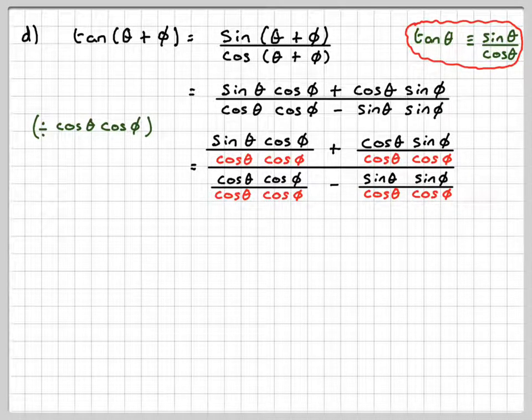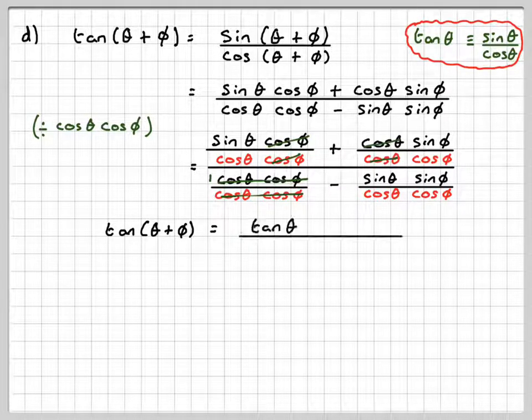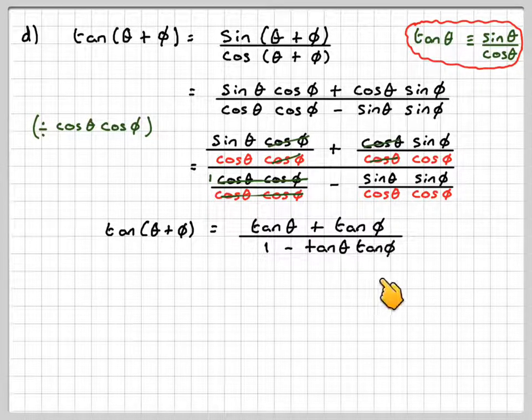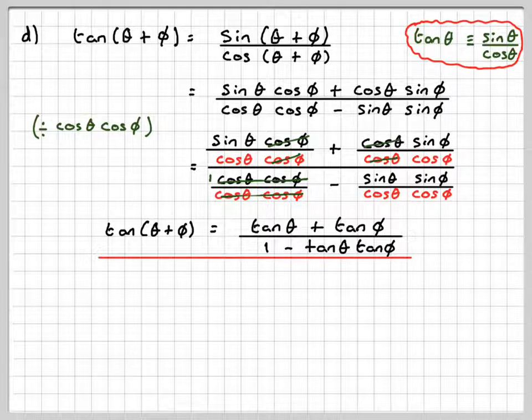Now these two will cancel out, these two will cancel out, and all this will cancel out and become 1. So I end up with sine theta over cos theta, which is tan theta, plus tan phi, over 1 minus tan theta tan phi.